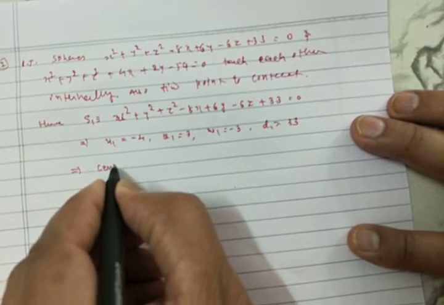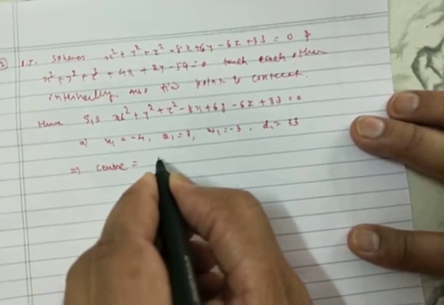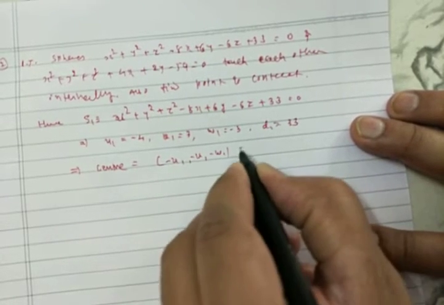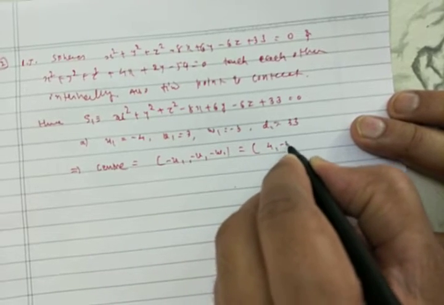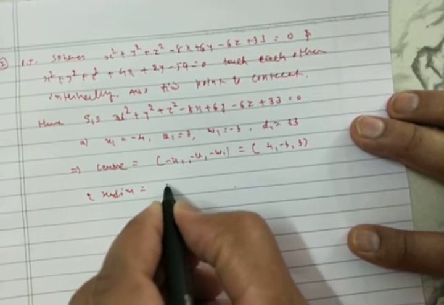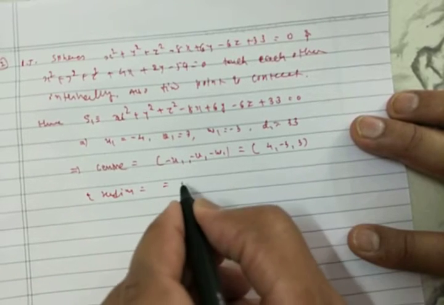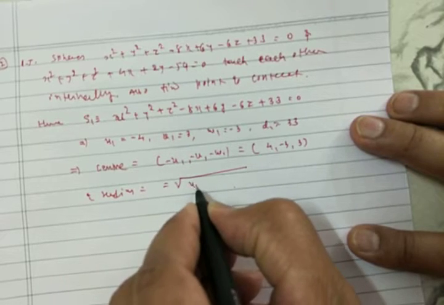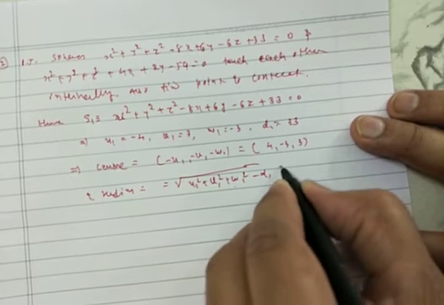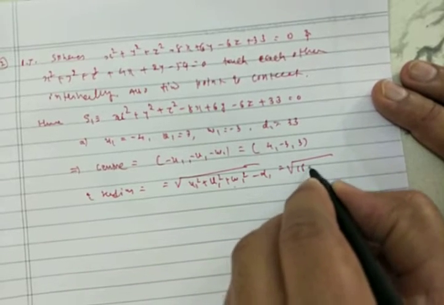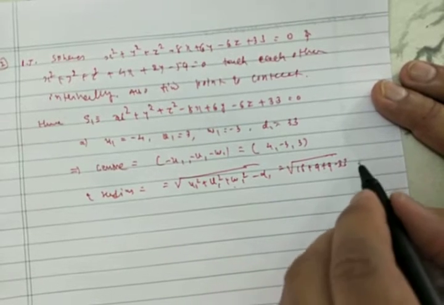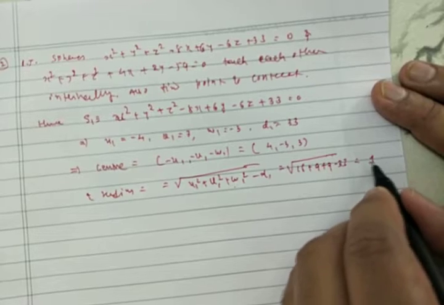This implies center is (minus u1, minus v1, minus w1), that is (4, minus 3, 3). And radius is the square root of u1 square plus v1 square plus w1 square minus d1, that is 16 plus 9 plus 9 minus 33, 25 plus 9, 34, that is 1.